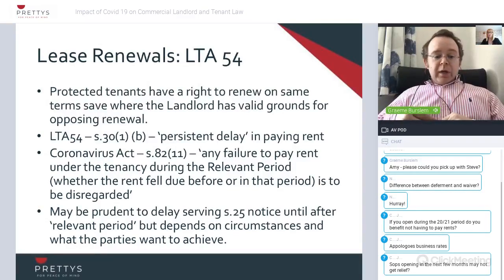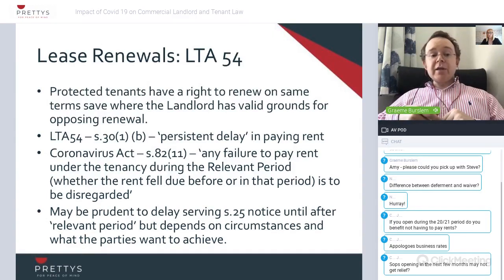As we know, there are a number of grounds set out in the 54 Act on which a landlord can resist a tenant's application for a new lease, one of these being the Section 30, subsection 1B ground, that being persistent delay in paying the rents due under the lease.